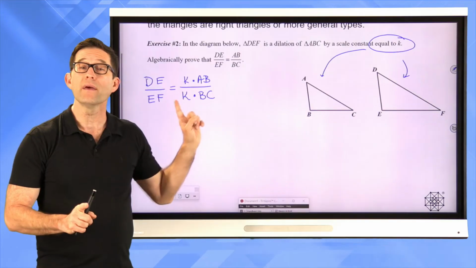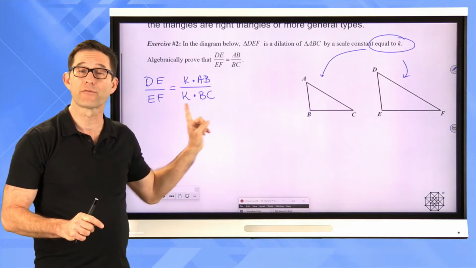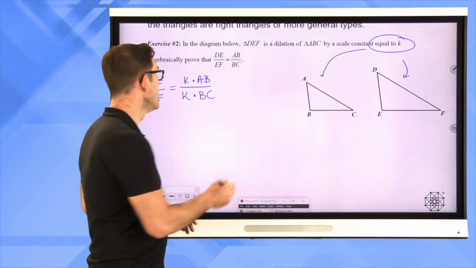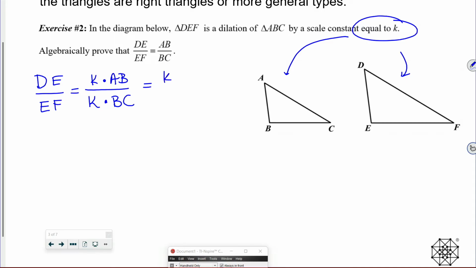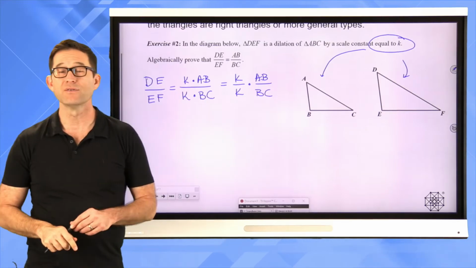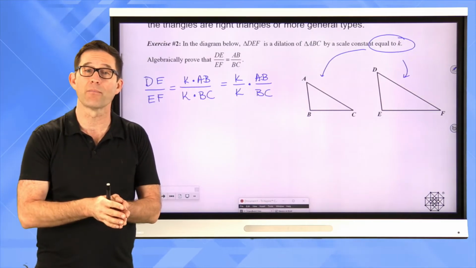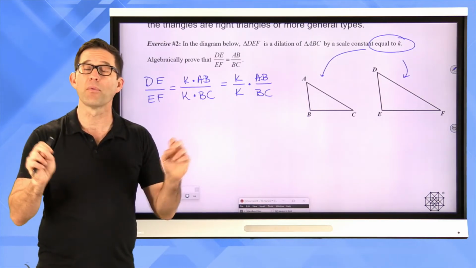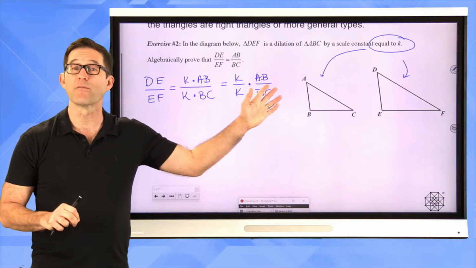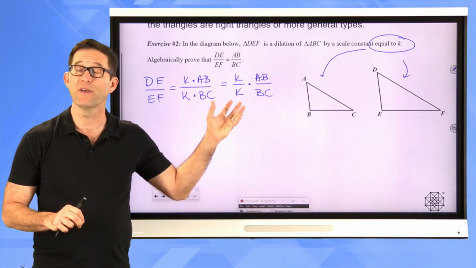Now, we can take this particular fraction and break it up into K divided by K times AB divided by BC. Just like when you multiply two fractions together, you multiply their tops and multiply their bottoms, you can unmultiply two fractions by breaking them into a product that looks like this.